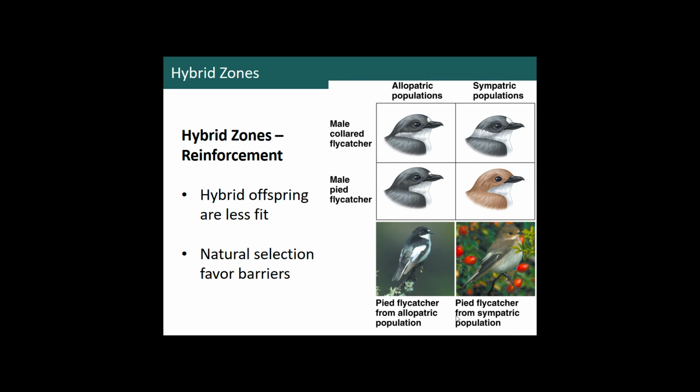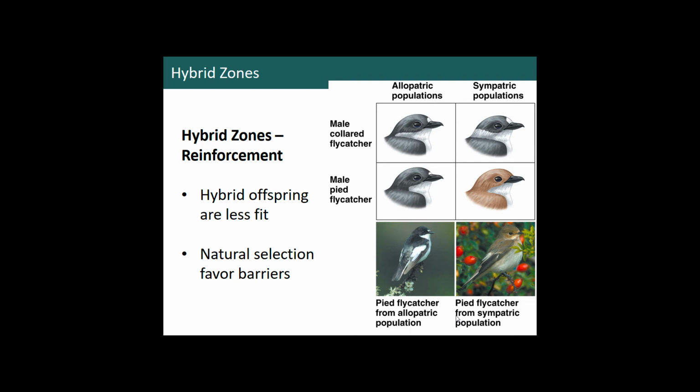Okay. That's reinforcement. Accidentally mistaking these birds for the same species results in offspring that are so low in quality that the birds actually have a different appearance in those populations where hybrids are possible. And so natural selection really favored making sure that we don't accidentally hybridize here.